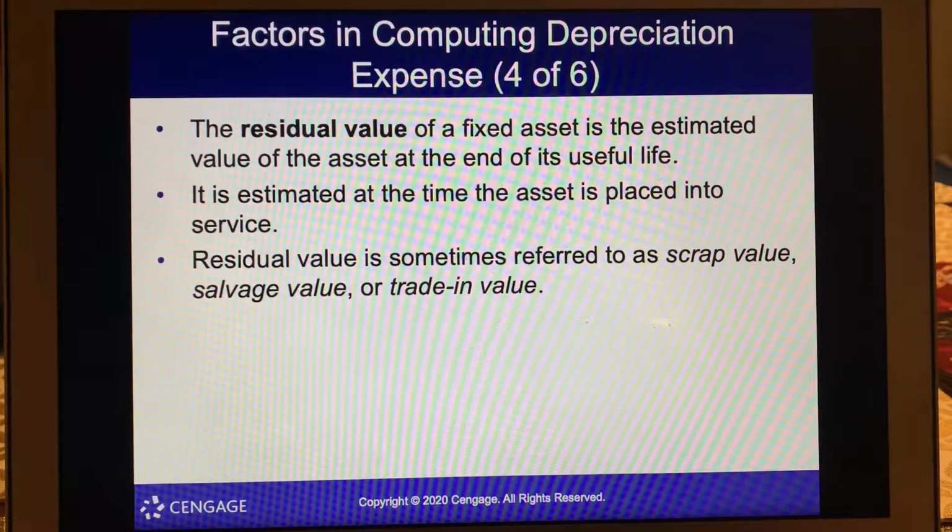The residual value of a fixed asset is the estimated value of the asset at the end of its useful life. It is estimated at the time the asset is placed into service. Residual value is sometimes referred to as scrap value, salvage value, or trade-in value. So those are all synonymous terms.